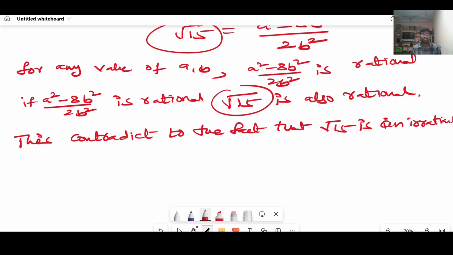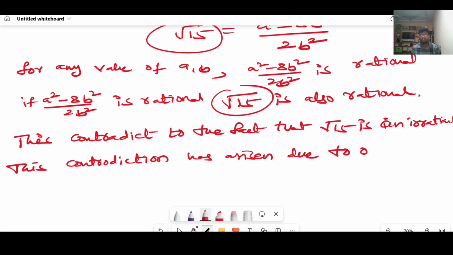right? Why does this contradiction have a reason? This contradiction has a reason due to our assumption, right? Right, that means our assumption is wrong, because we have assumed that root 3 plus root 5 as rational number, we got this contradiction, right?